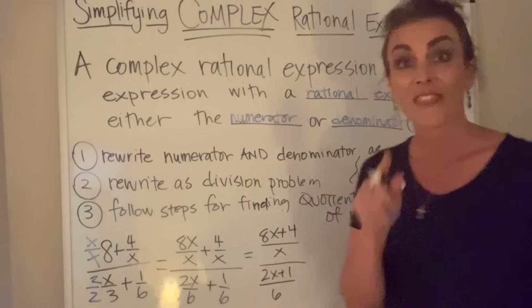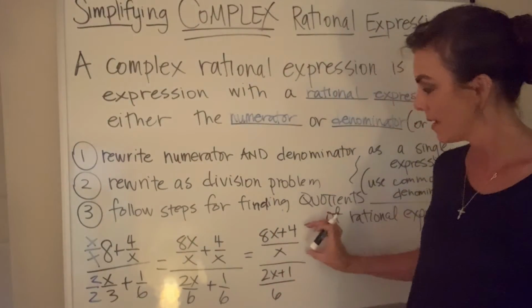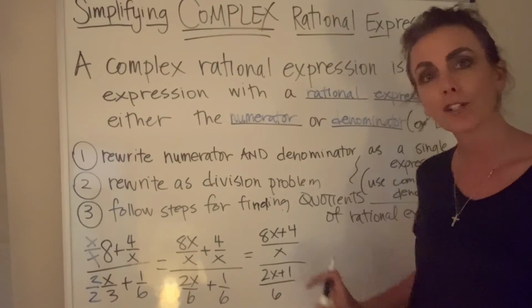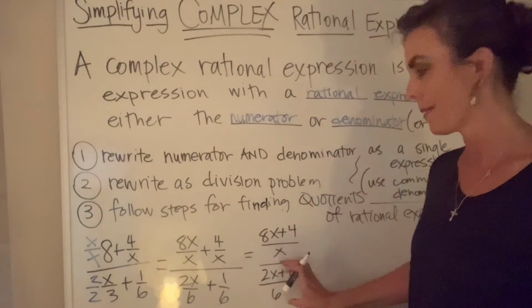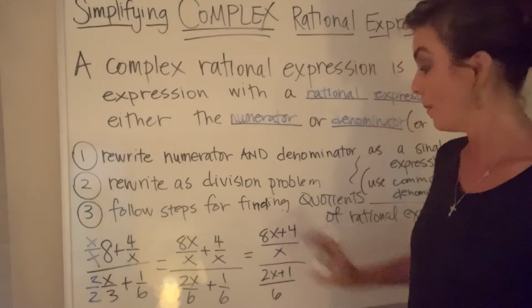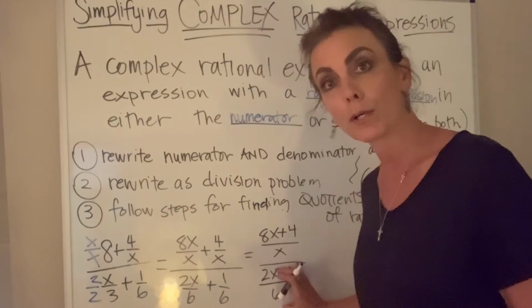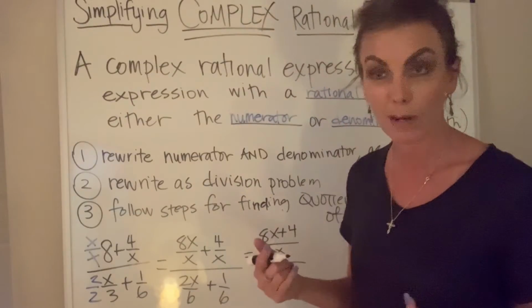Okay, that's the hardest work, okay? Because once you have it as a fraction divided by a fraction, now I can write it as a quotient, this thing divided by this thing, or you could even skip to this thing multiplied by the reciprocal of this thing. Let's do that. Let's be smart.